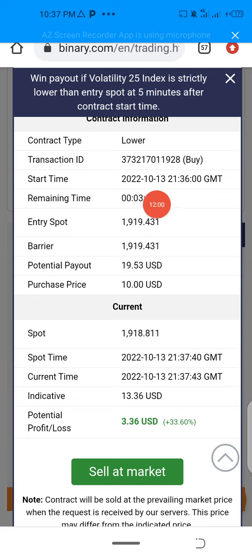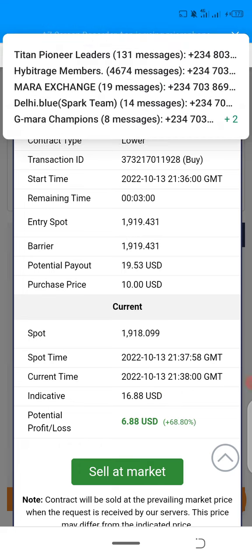This is the time remaining. Now, automatically, once this 3 minutes and some seconds elapse, and the trade is showing green, we are winning the trade.